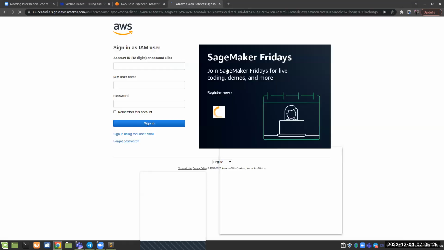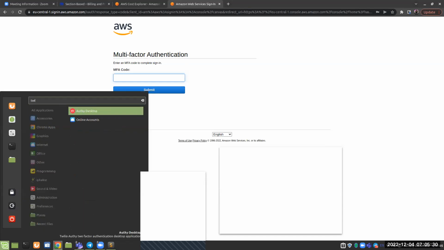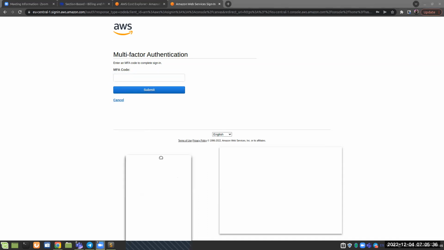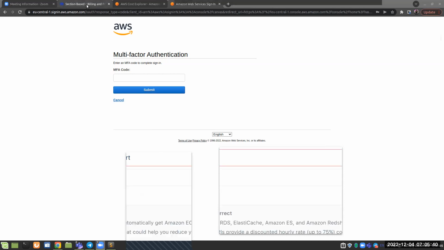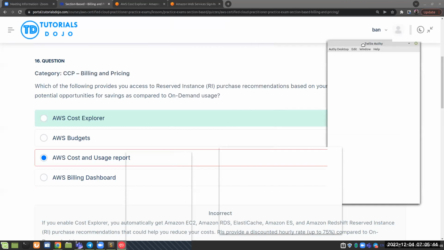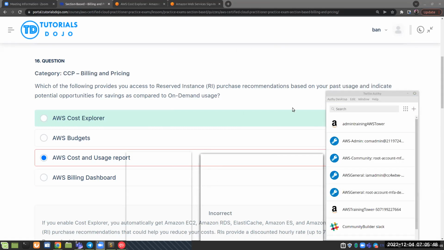I hope I can sign in without much stress. Okay. All right, so I'll have to put in my multi-factor authenticator code. So while waiting for that, definitely Cost and Usage Report is a tool as well, right?